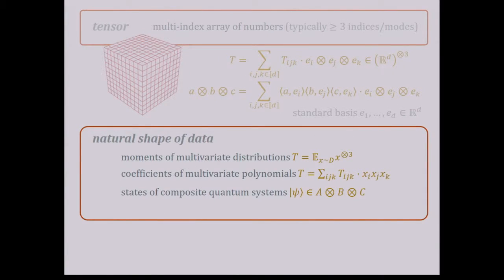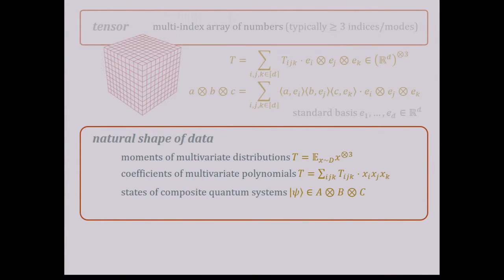Now, why should we care about tensors? It turns out that tensors are a natural shape of data. They arise in many different contexts. In particular, if you have a multivariate distribution and you look at its moments, this corresponds in a natural way to a tensor over the space where the distribution lives.